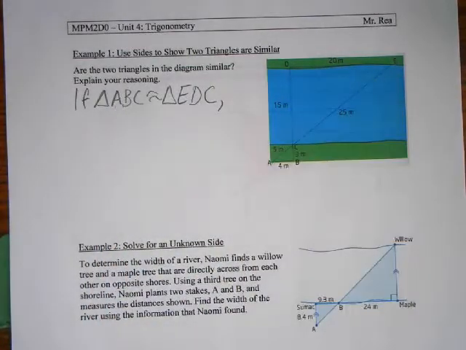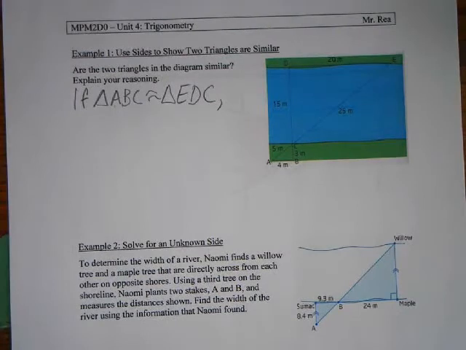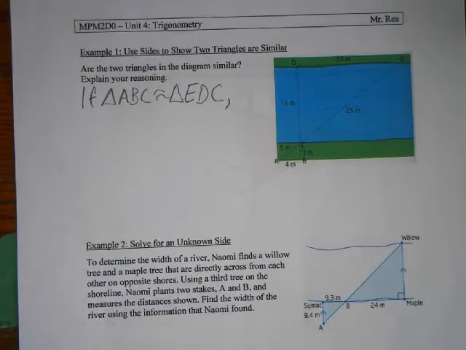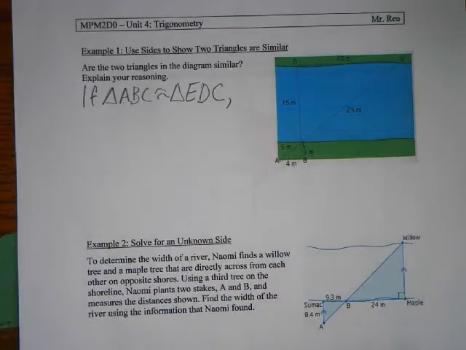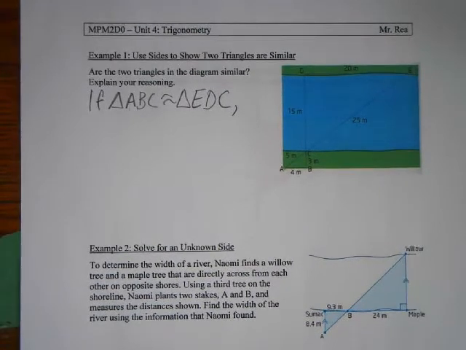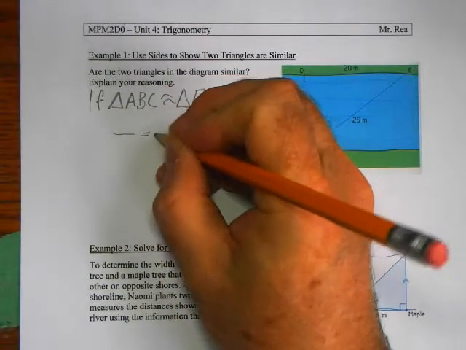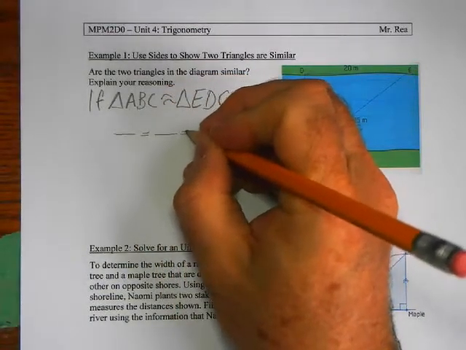So if this is true, then I can look at the ratios of the corresponding sides. So we haven't really talked about this part yet, so you need to pay attention to this part. If I'm going to do the ratios of the sides, it's 3 ratios because there's 3 sets of sides.